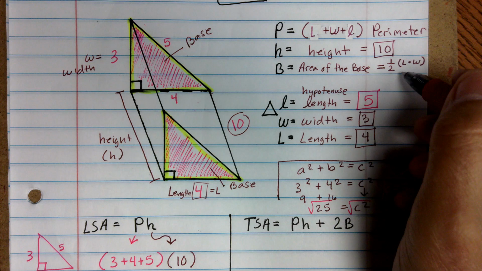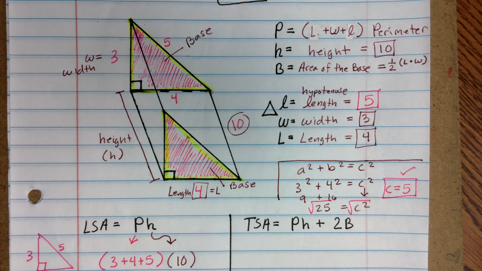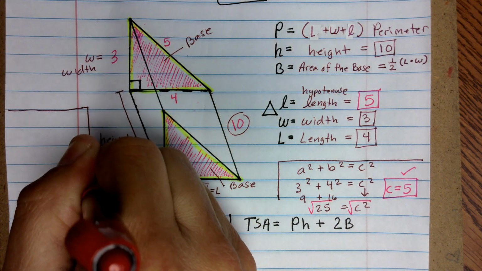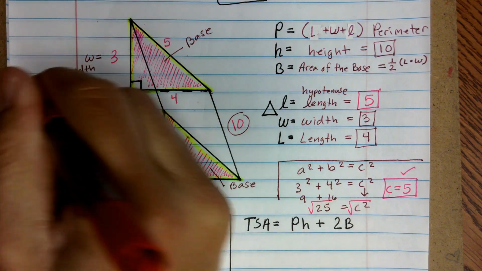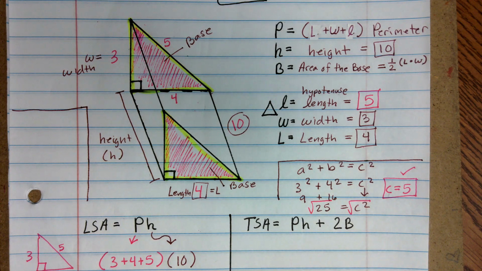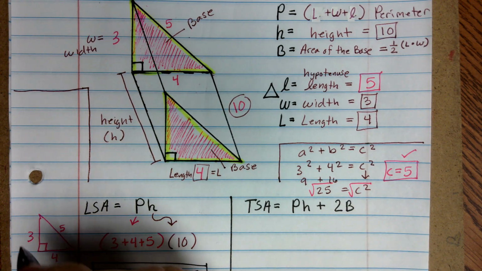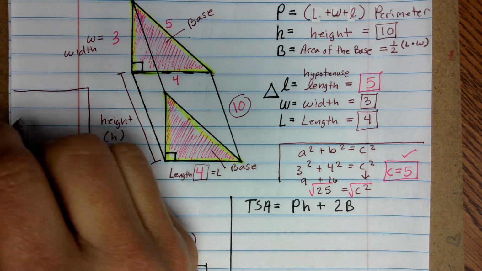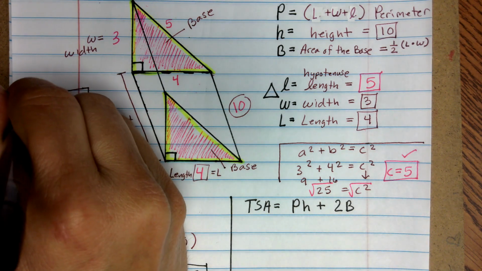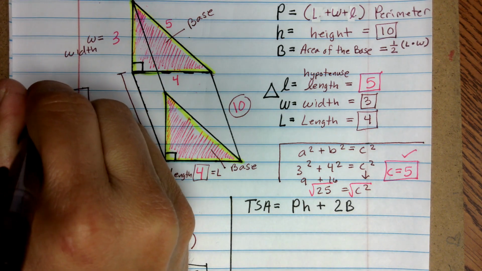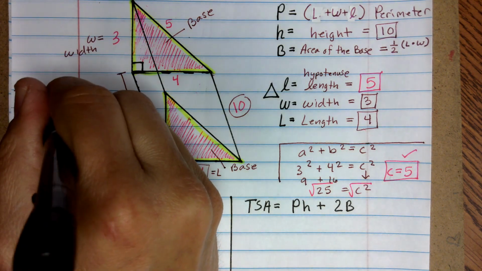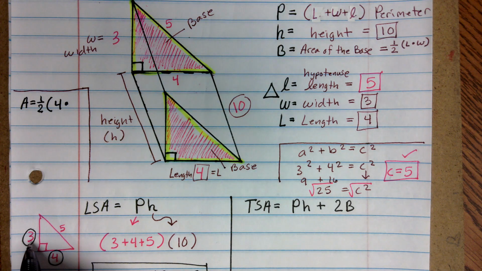So we need to go ahead and find that. I'm going to do it over here on the left where we have some room. I'm going to use the 3 and the 4. Notice they are the 2 legs of the triangle that touch the right angle. So we have the area is equal to 1/2 times the length, which is 4, times the width, which is 3.